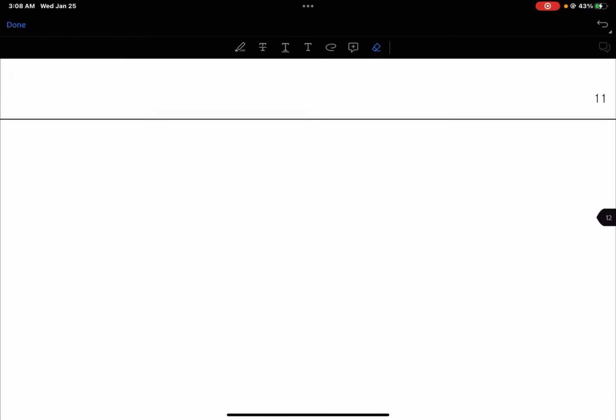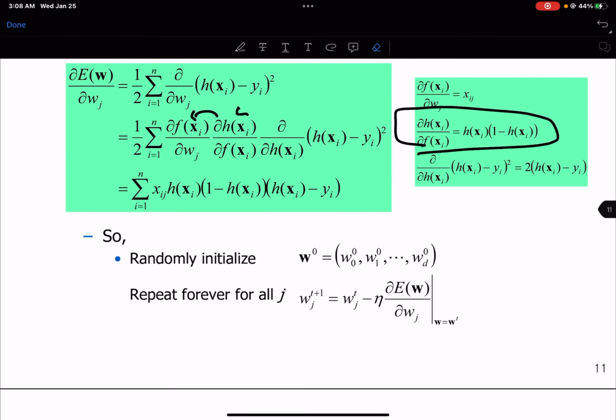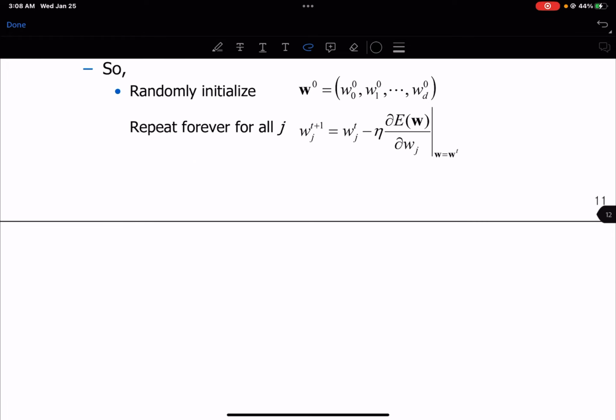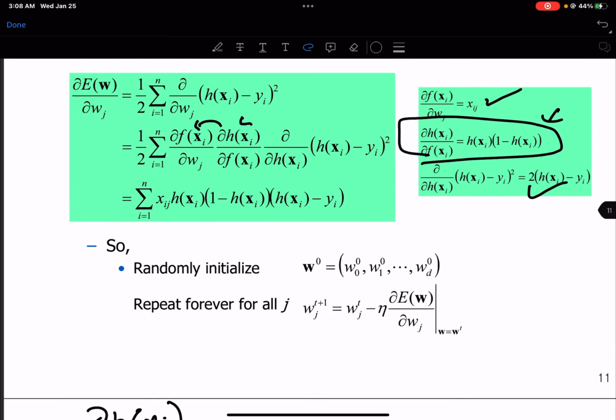Okay, we are clear with this part, and only this is left. So we will find the derivative of h of xi with respect to f of xi, and we know what is h of xi. What is h of xi?